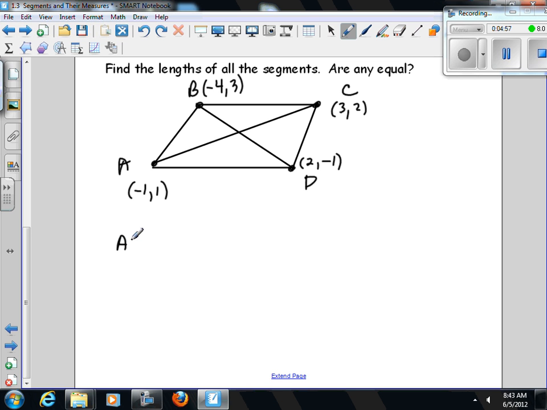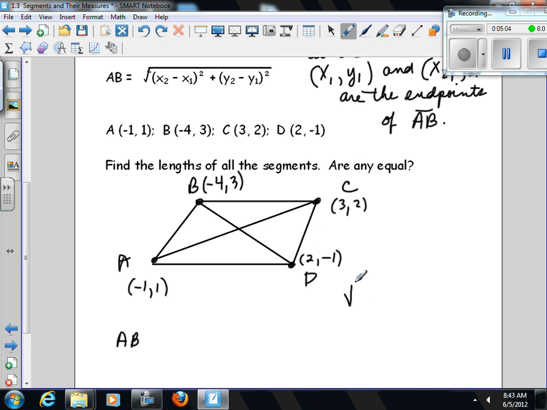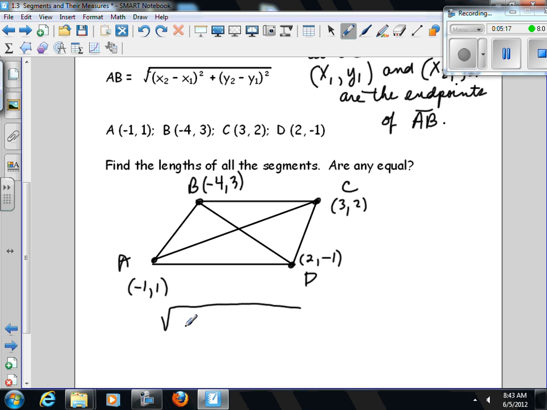So for instance, segment AB. Now we're using our formula. I'm going to rewrite it here. Actually, let me put it right below our figure. So we're going to have x2 minus x1 squared plus y2 minus y1 squared, just like this.